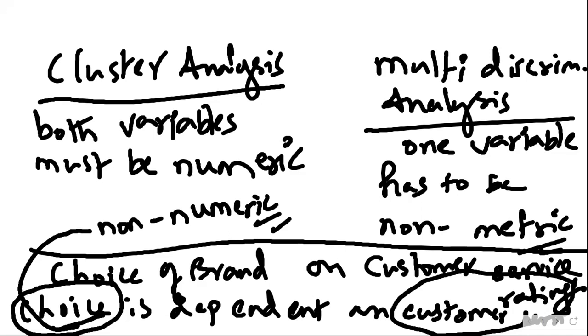If the dependent variable has only 2 groups, it is called 2-group discriminant analysis. In our example, 3 brands are being considered, so it cannot be considered a 2-group discriminant analysis. We have brand A, B, and C, so it can be called multi-discriminant analysis.